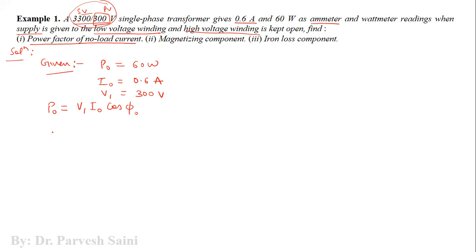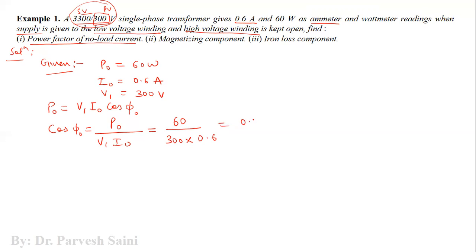Okay, so from here we'll find out the cos phi naught, and it is equal to P naught divided by V1 into I naught. So the value will be 60 divided by 300 into I naught is 0.6.